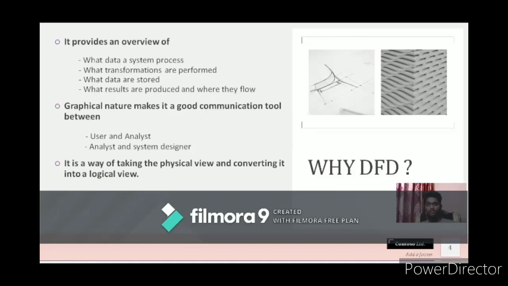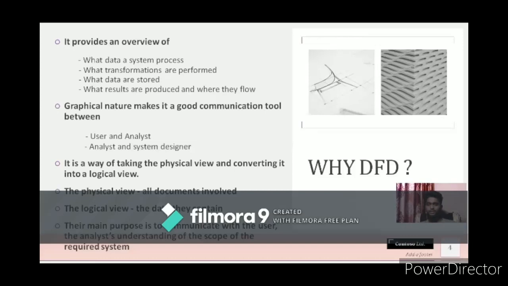Now we will see what the physical view and logical view are. The physical view is all the documents involved, the inputs of the DFD. The logical view is the data they contain, the data already in the system.